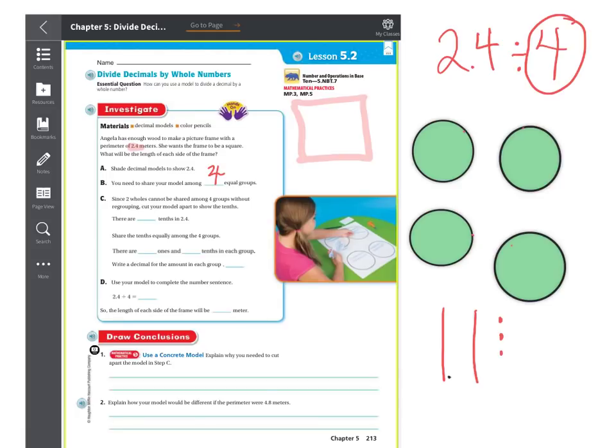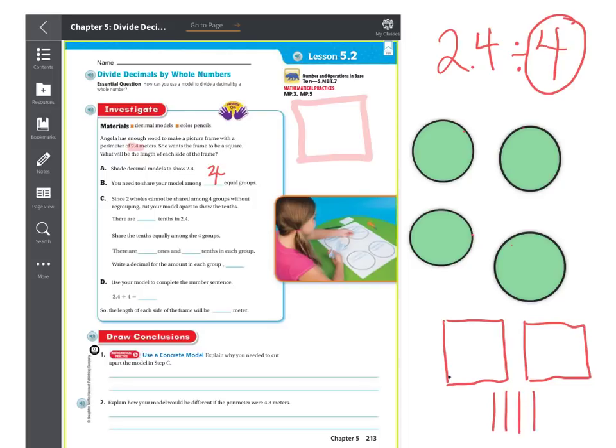That is not right. 2.4 would be, here's 1, that's 1 whole, 2, and then 4. 1, 2, 3, 4. Okay, so if we're going to divide these 2, can we divide these 2 equally into these 4 parts? No, we can't.